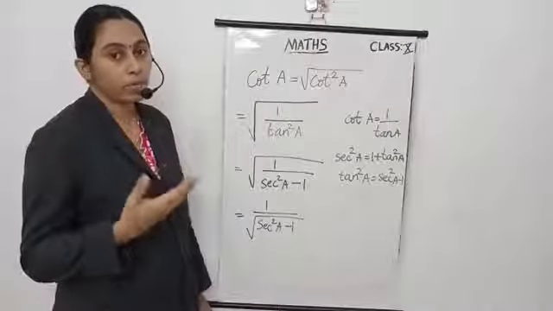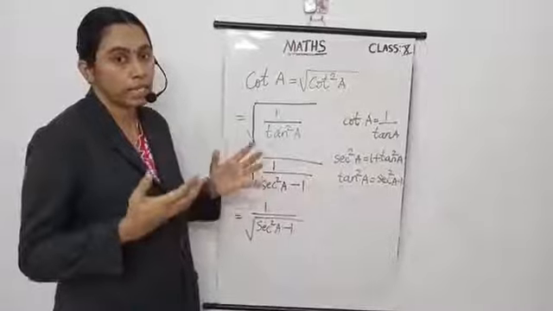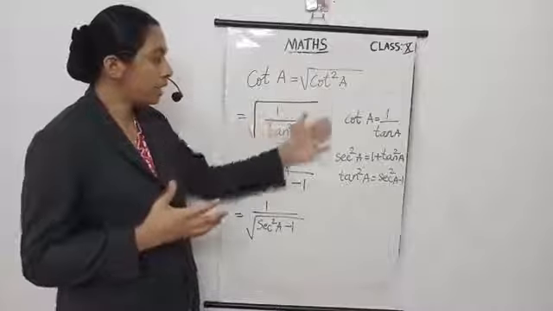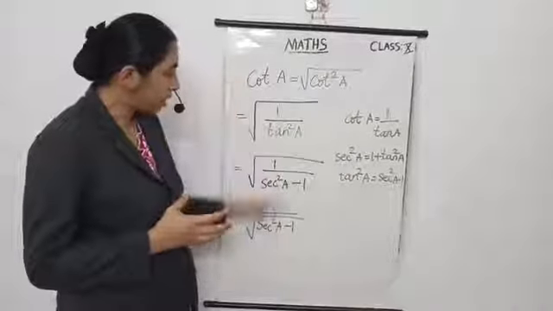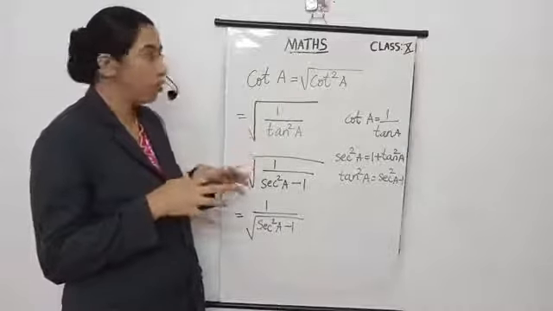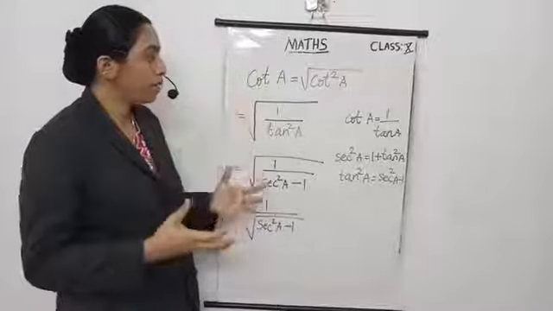You need to do this type of question again and again, then you will get these relations. First check which relations we use here to make this in terms of sec, or whether the question gives some relation for cot and sec. Keep this in your mind.